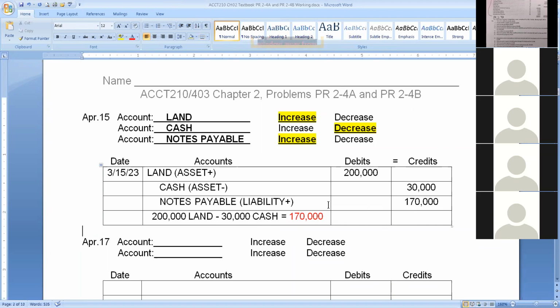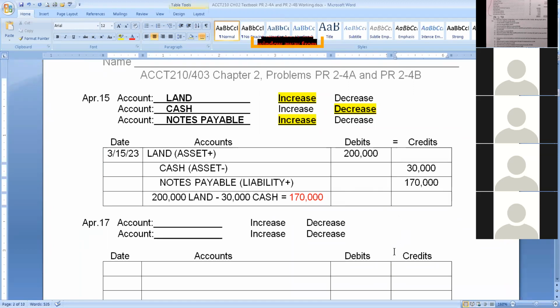So the rest of it, the 170,000, must be for the notes payable. So liability. So we gave up cash and we gave a notes payable, 170,000. Here's a question for you. How much did assets go up by on this journal entry? What did assets increase by?